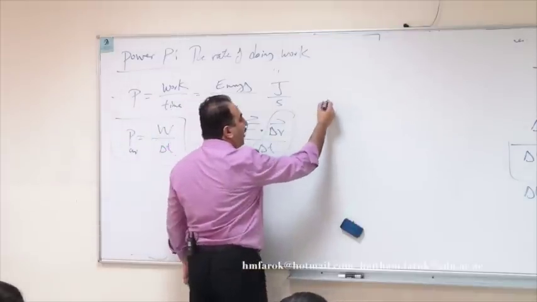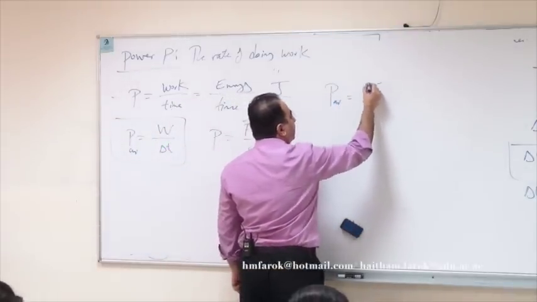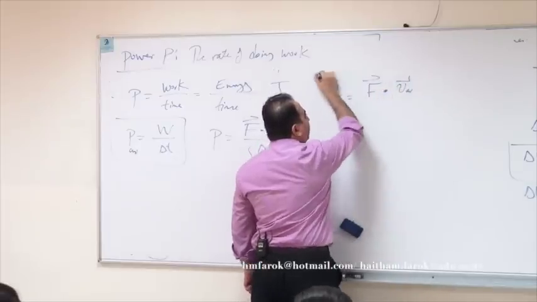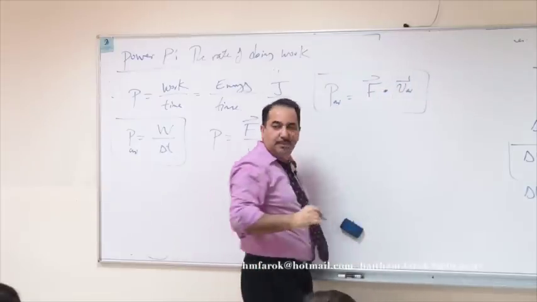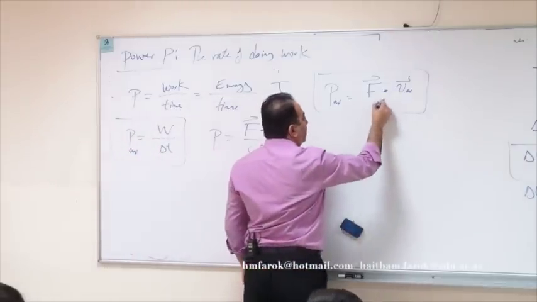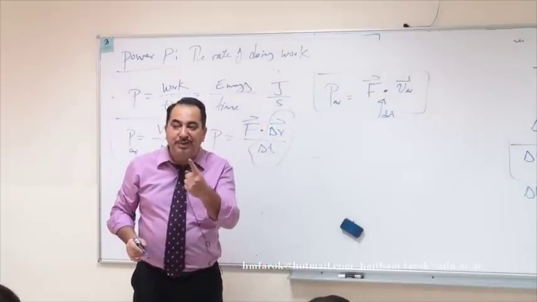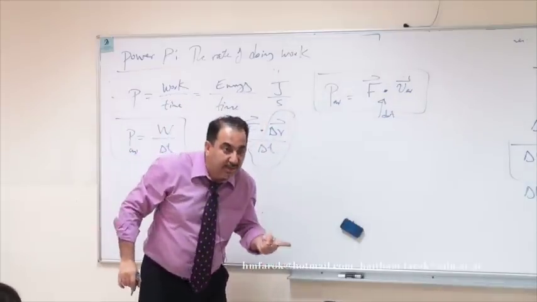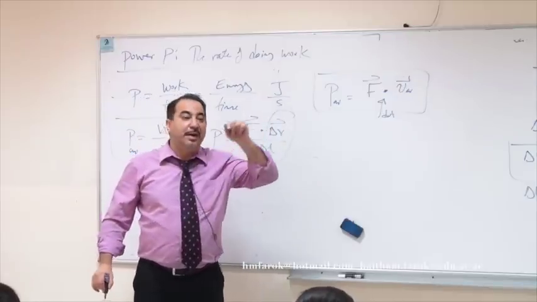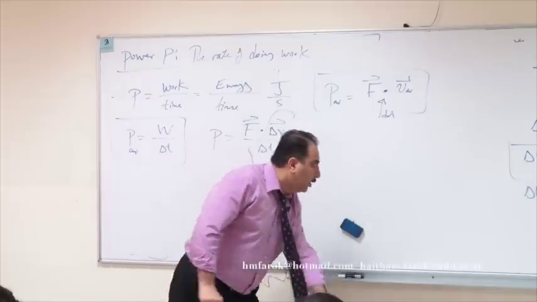So what is average power equal to? Force dot average velocity vector. And this is a dot product. So to find power, what do you need? Force and velocity. If it's average power, you need average velocity. If it's instantaneous power, you need instantaneous velocity.